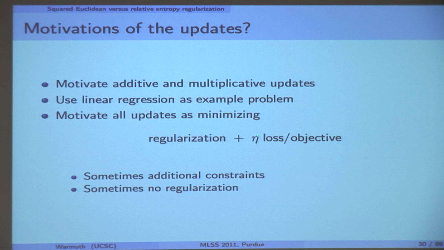Sometimes instead of having eta here, you put 1 over eta over there. Sometimes you have additional linear constraints, and sometimes no regularization. You just minimize the loss itself. But it's always typically a trade-off between these two things. And now I want to talk about what kind of regularization leads to what. You understand? Very high level. Okay? So this is very important.